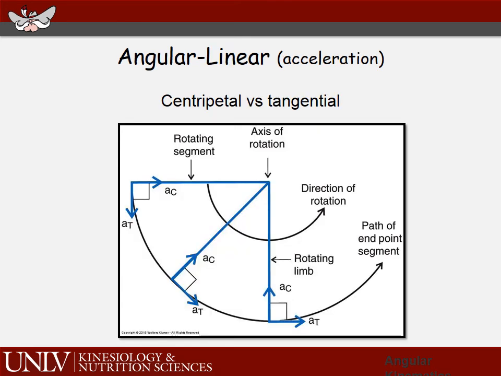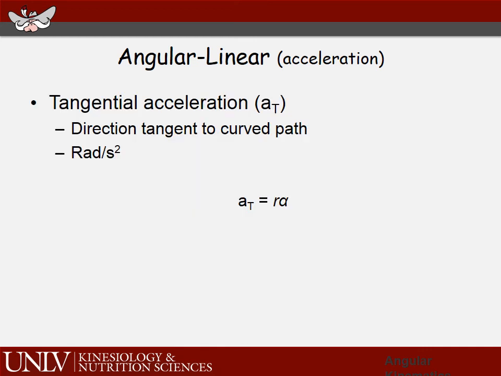So the last one is going to be acceleration component. Now there's going to be two components here. There's a centripetal and a tangential. Okay. Now the tangential is the same as the velocity tangential. You'll see there is the AT going at a 90 degree. The centripetal is also termed radial. Sorry, we're going to start with tangential.